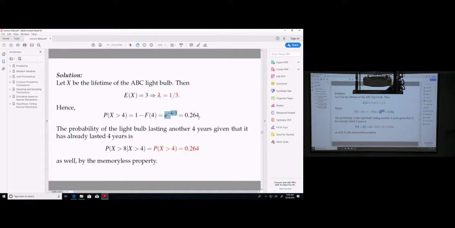Now the probability of the light bulb lasting another 4 years, given that it has already lasted 4 years, well, because of the memoryless property, this old light bulb is actually acting as new, all right? So something that we have done earlier. So it's the same answer.